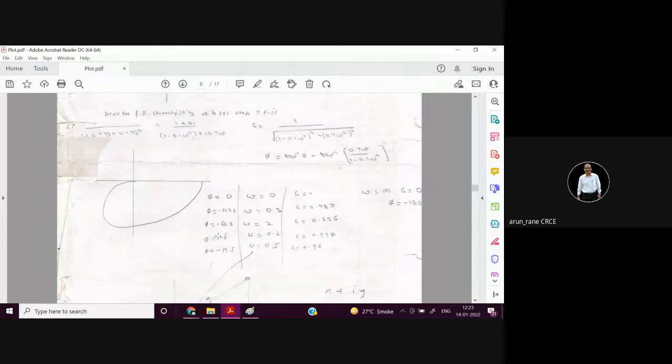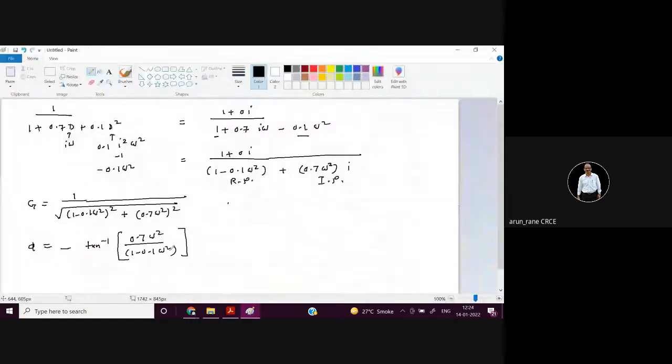Now you tell me, when omega is equal to infinity, what will be the value of g? It is going to be 0. And when omega is equal to infinity, what is the value of phi? It is going to be minus 180 degree. Okay, so I'll show you one graph again properly.